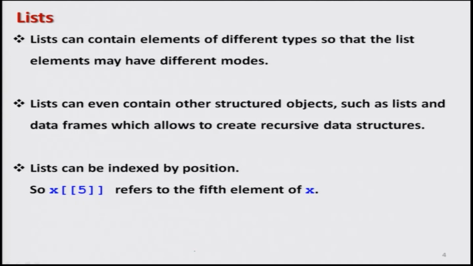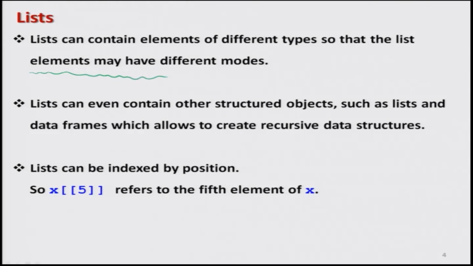And when we are saying that a list can contain different types of data, that means in technical language we are saying that the elements of the list may have different modes.